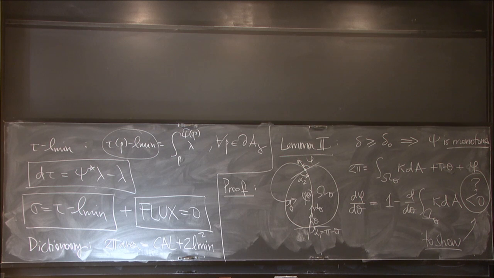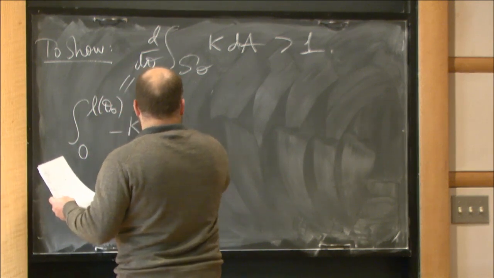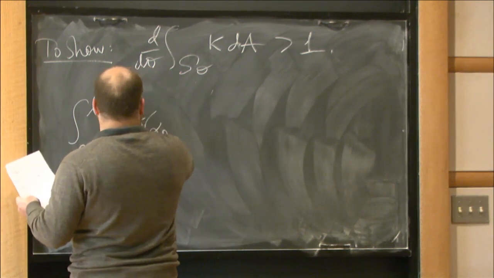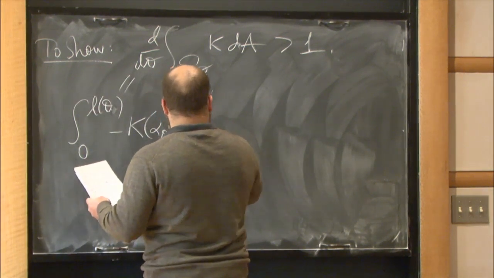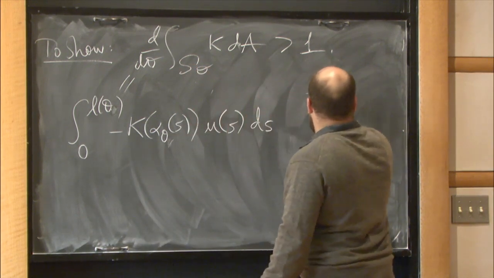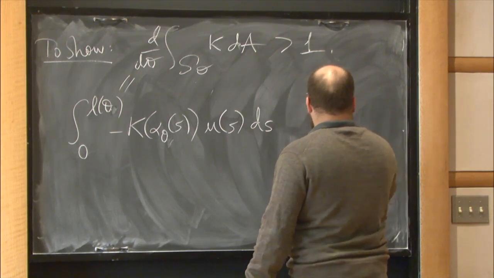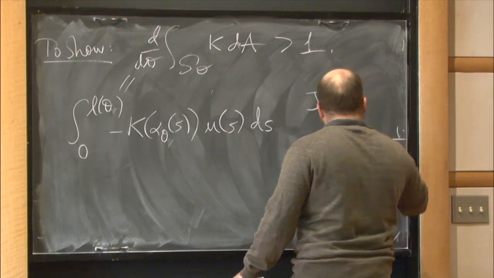So what you end up with is the integral of minus the curvature evaluated at, let's say differentiating at theta, doesn't matter, times u of s ds, where u of s is the description of the Jacobi vector field of this variation.